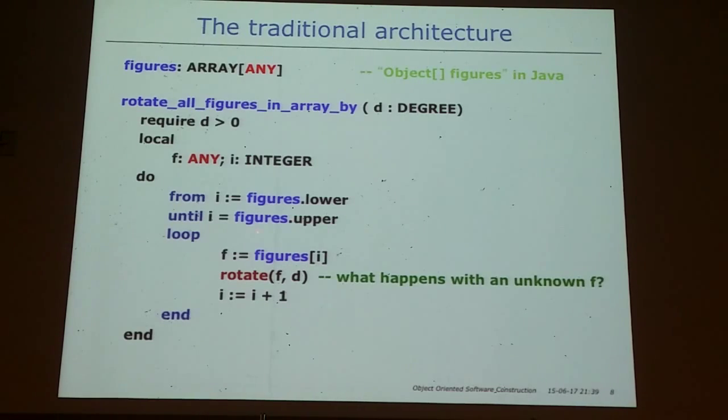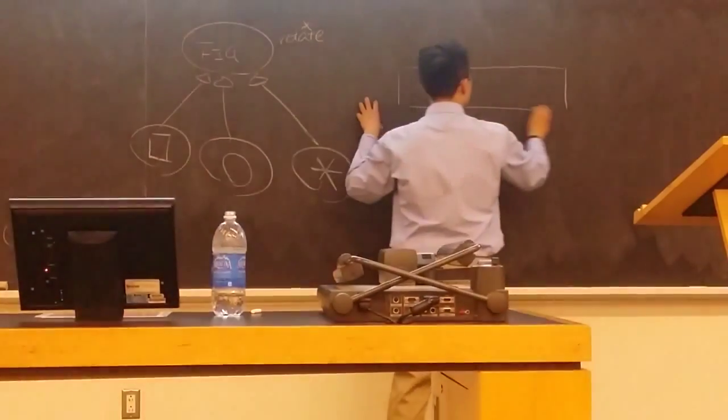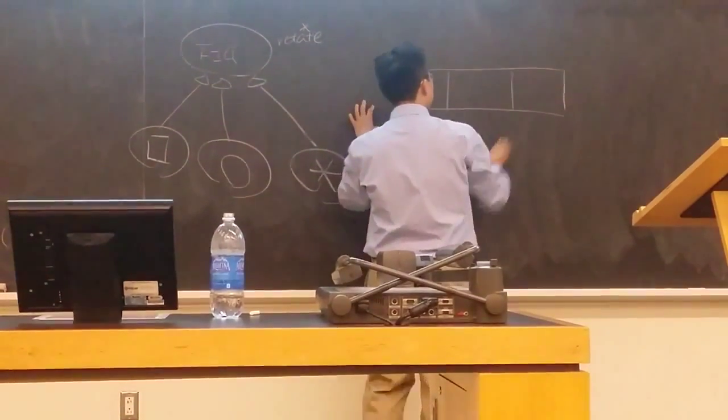Okay, so now you can see that we are trying to retrieve some figures from the figures array. But now the problem is we are trying to do rotates. So now, how do we actually decide? Let's say in the figures array we have only 3 elements.